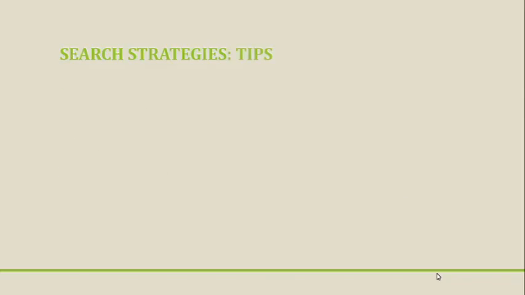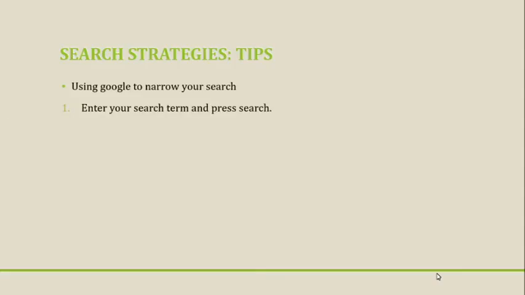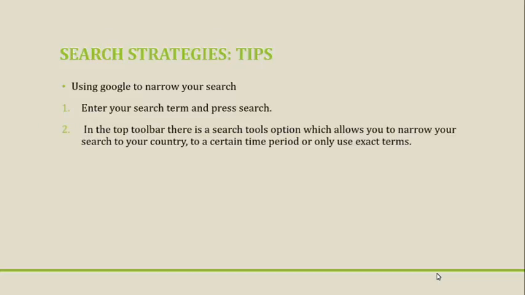A quick tip to narrowing your search. For many search engines, you often have search tools or advanced search terms to allow you to narrow your search further. To use Google to narrow your search, enter your search term and press search.